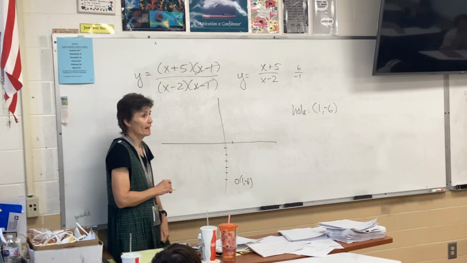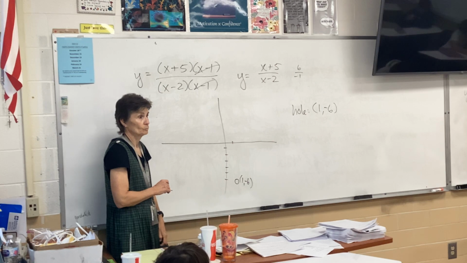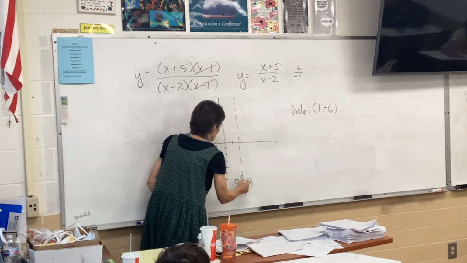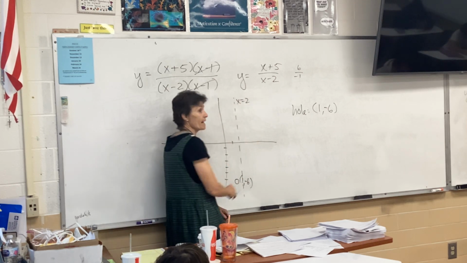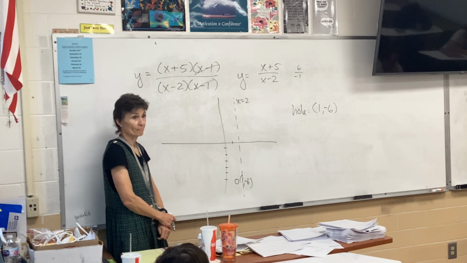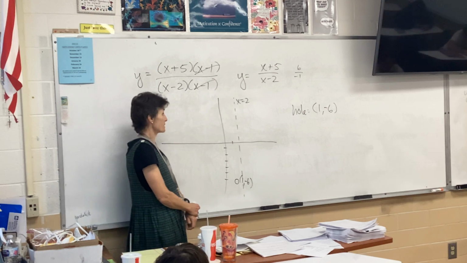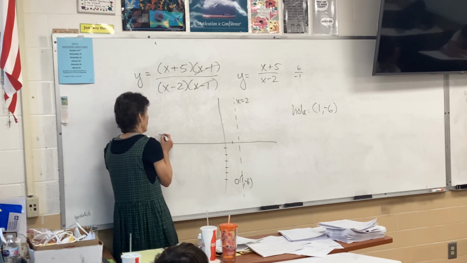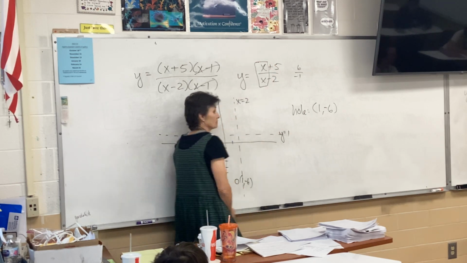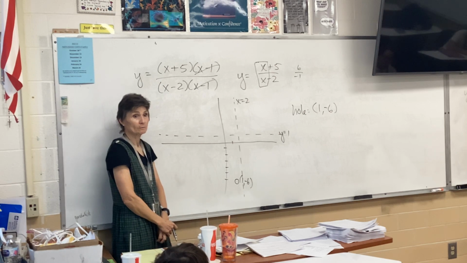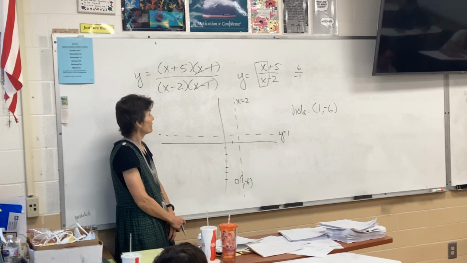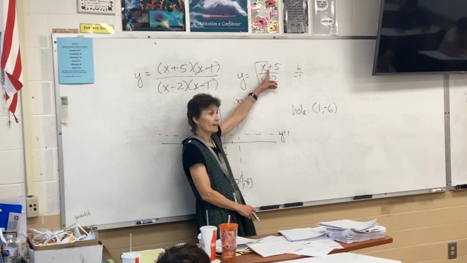All right, where'd you put your vertical asymptote? At x equals 2, because that's what makes the denominator 0. Where'd you put your horizontal asymptote? At 1, because you have x over x. That's your horizontal asymptote. What about your x-intercept?